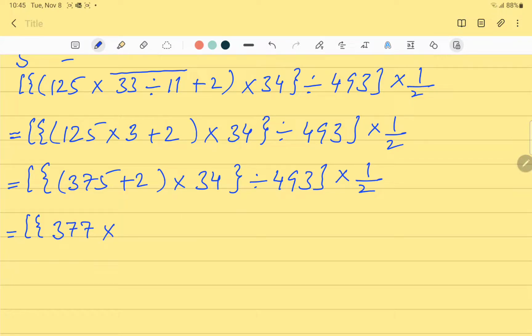377 into 34 divided by 493 into 1 over 2.